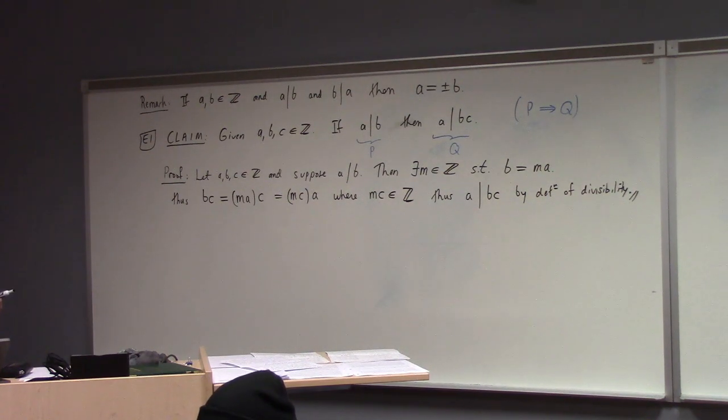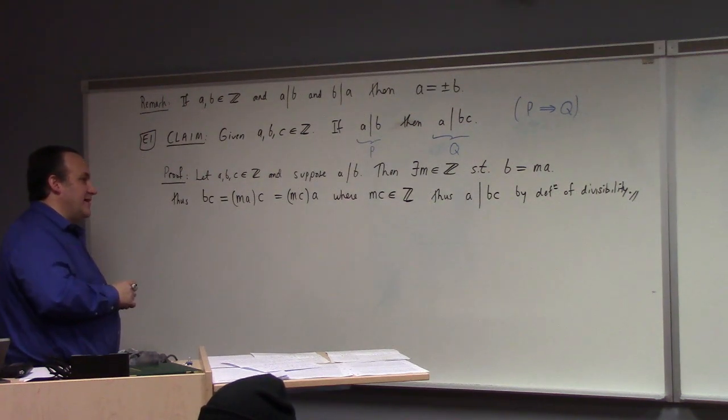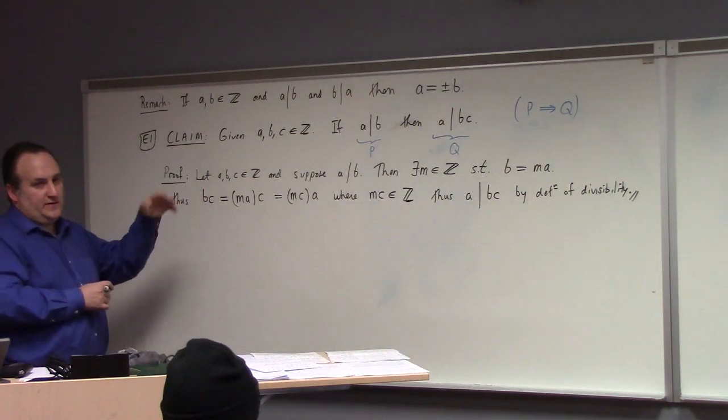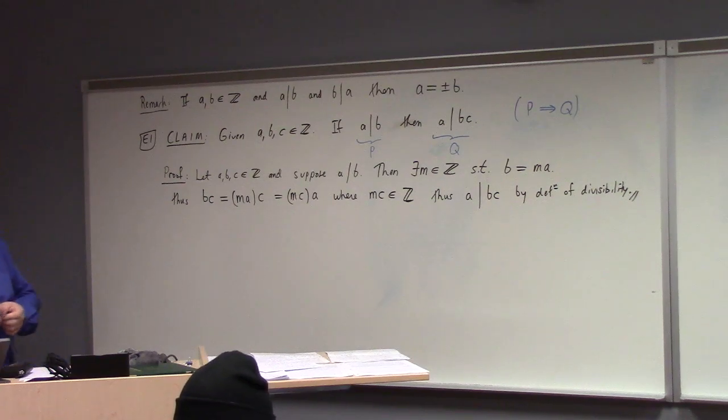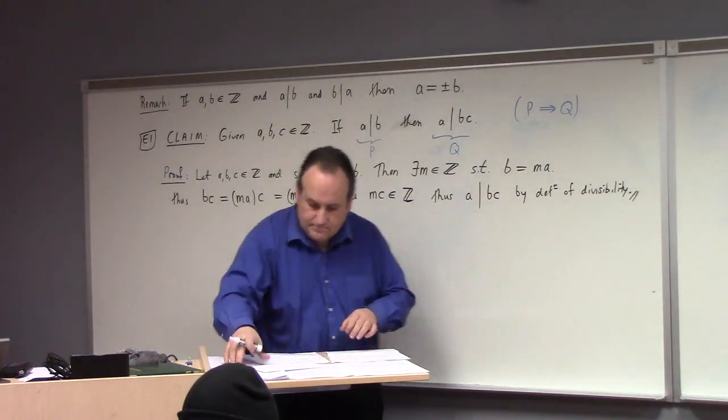They could be worse, believe it or not. So that's a direct proof. We assume the antecedent and we show that the conclusion necessarily follows. That's it. Let's look at another one, unless there's a question.